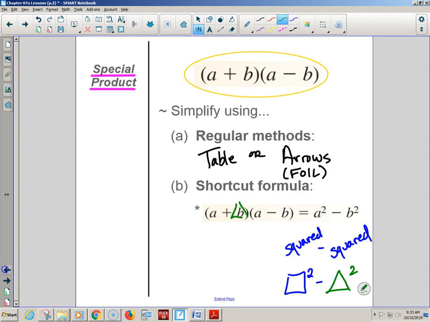Because we could see that these are the exact same. Just a few of you like shapes better than variables. So if you see a box plus triangle and a box minus triangle, they're the exact same things going first, the exact same things going second. All I have to do is square that first one and square that second one, throw a minus in between. The shortcut's nice, it's just dangerous.